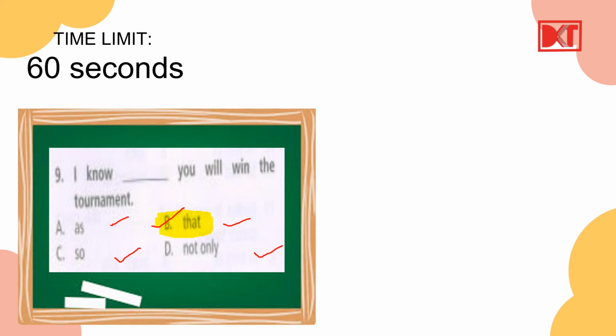So for this, we connect this using that. Alright, that is used for providing statements, like we use in reported speech as well, right? And others: as is used for some sort of reasoning, so is also used for some sort of reasoning. D, not only, is used as a correlative conjunction with but also.